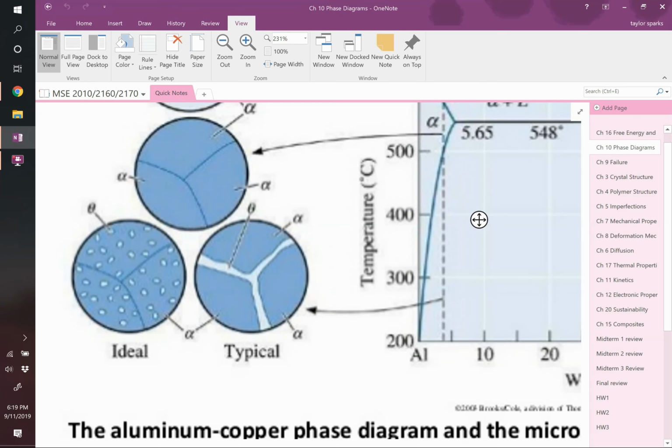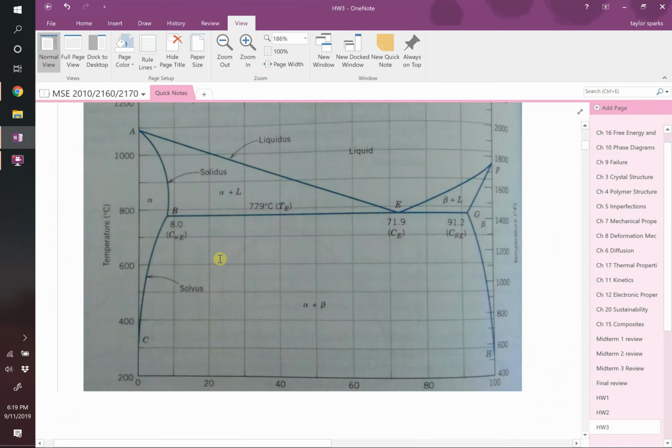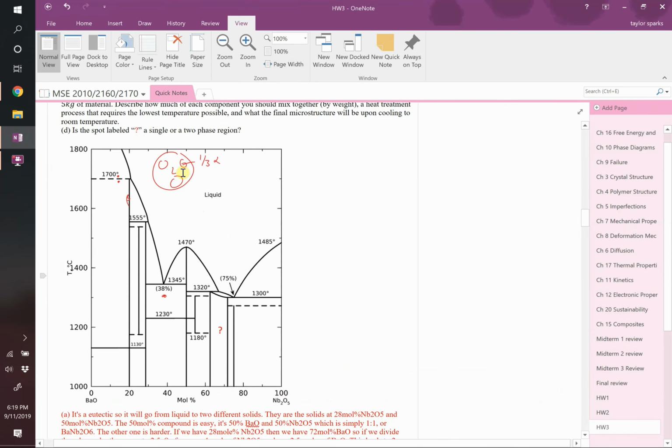On problem one, the phase diagram, going from the very top left corner, the 10% at 1800. You cross a peritectic line, which means any liquid and some solid available will undergo the peritectic reaction. It's not the peritectic point. A point is at a point in space, but anywhere along this dashed line is the peritectic reaction, meaning if you have any liquid plus alpha that can turn into beta, it's going to do so.